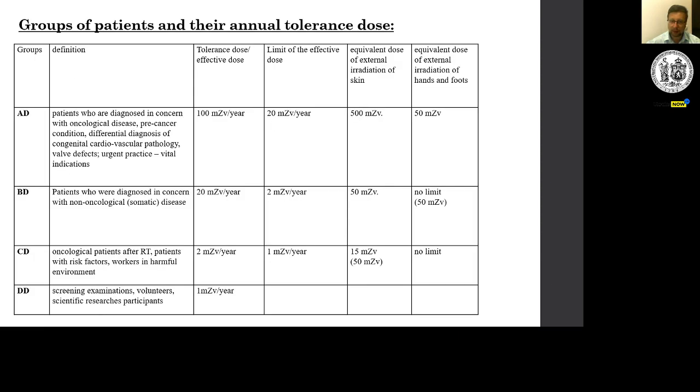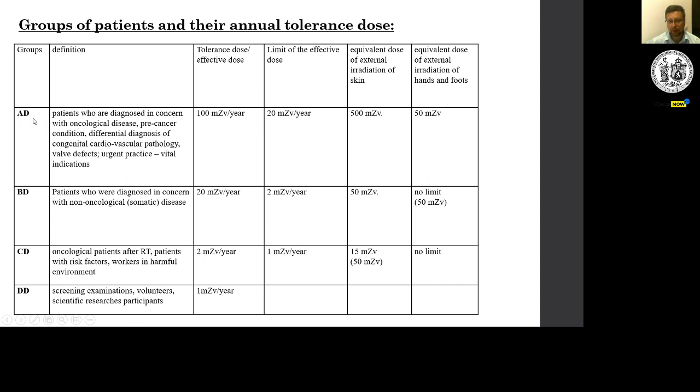Here on this slide we can see a very important classification of patients and their annual tolerance doses of radiation. In this column you can see the name of the group: AD, PD, CD, or DD, and in this column you can see the definition.